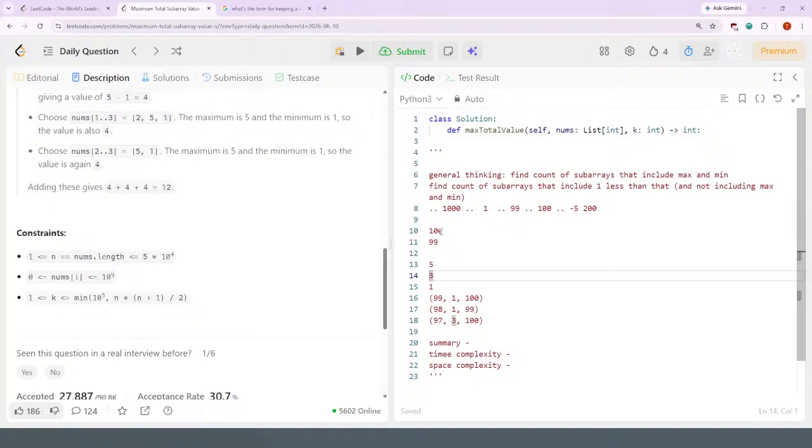So maybe duplicates are causing it to be bigger, but then I could maybe handle the duplicates.